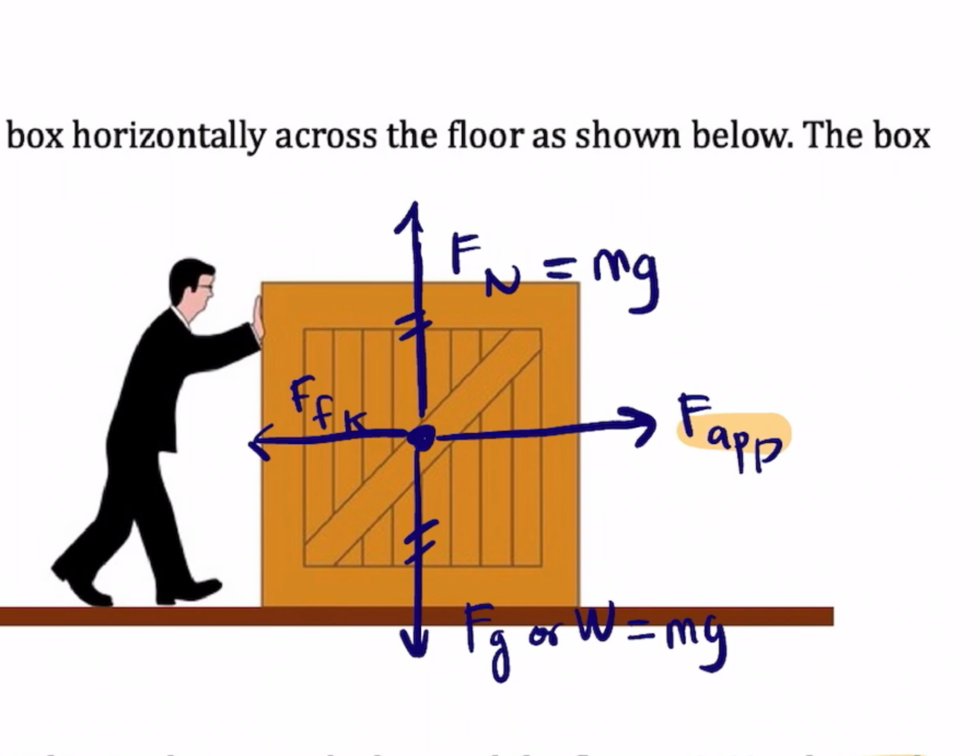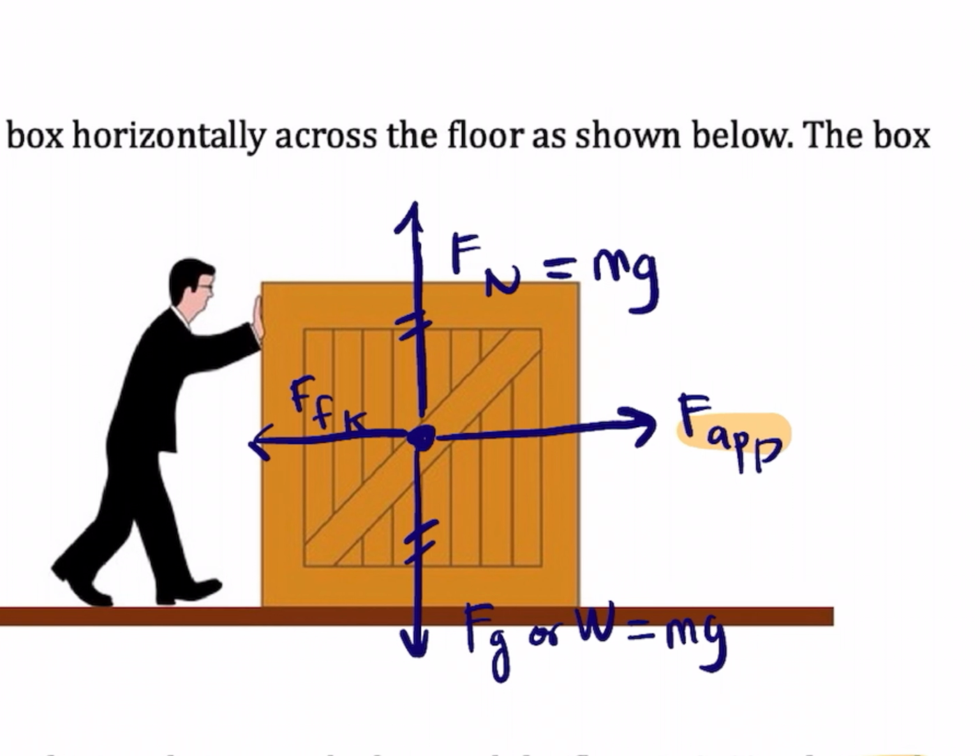So let's have that. We have F net. The applied force is pointing to the right, so it's going to be positive. We'll have F applied minus friction, which is directed to the left. I'm just going to call it Fk, which is kinetic friction. And that is equal to ma.